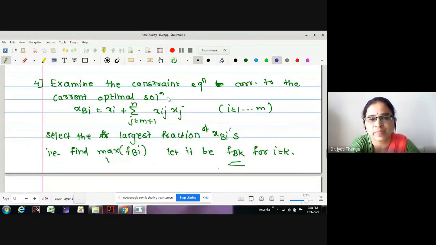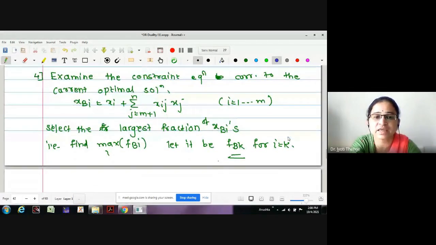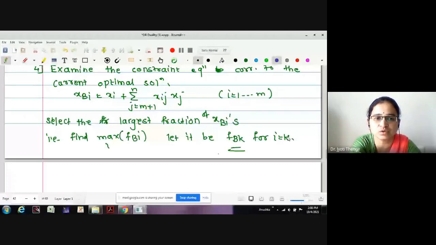Then we examine the constraint equation corresponding to the optimal solution, and this is the equation xBi equal to. Then among all the xBi which are not integers, we select the one giving the maximum fractional part. Let this maximal fractional value be obtained for the kth basic variable, that is, the kth row will be selected to construct the Gomorian constraint.